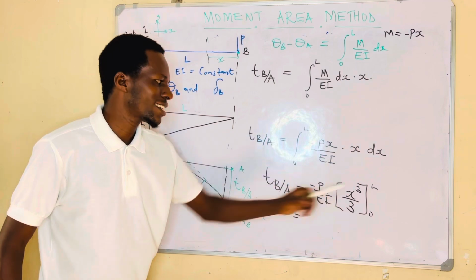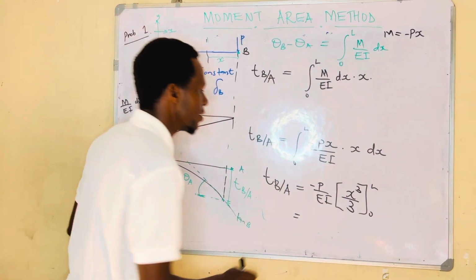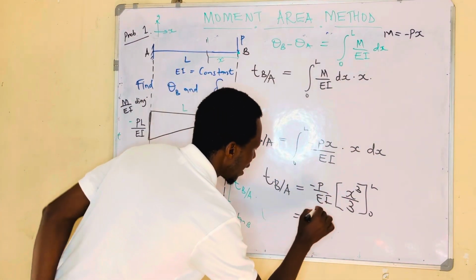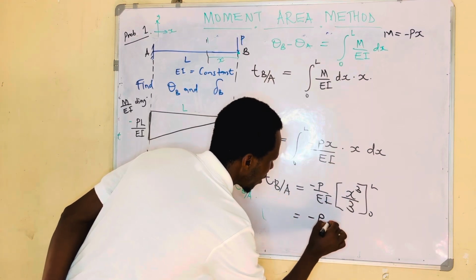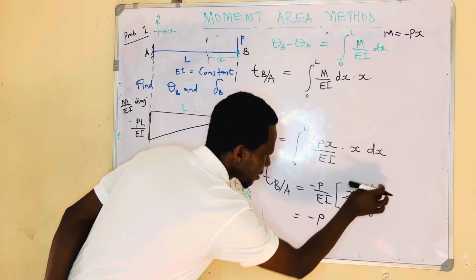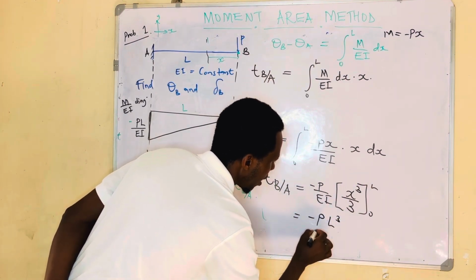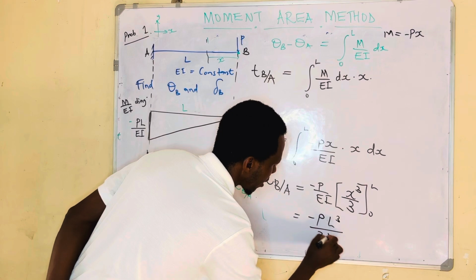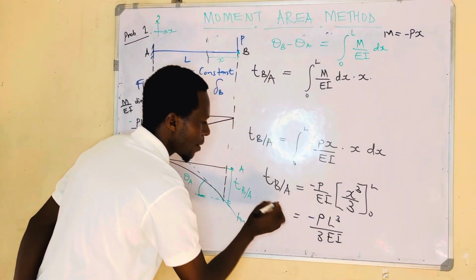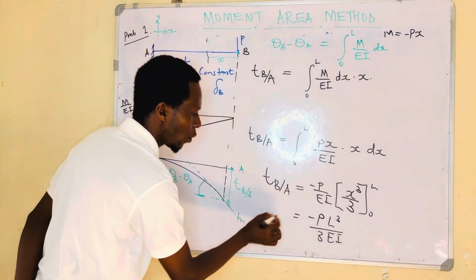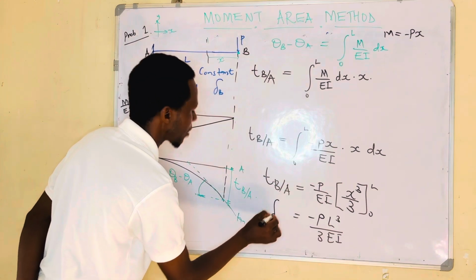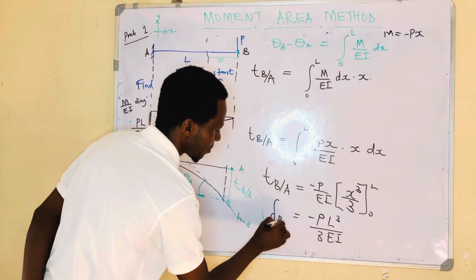It's a simple integration, so you have to correct that. So this is going to give us minus P times L cubed out of 3 EI. This is our tangent B with respect to A, which is just the same as the deflection at P.